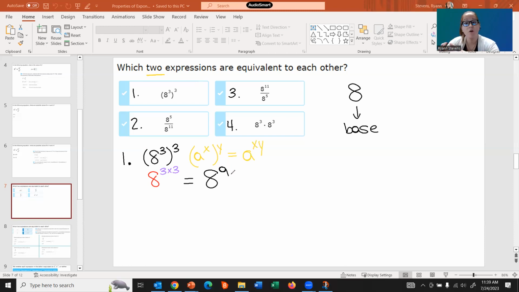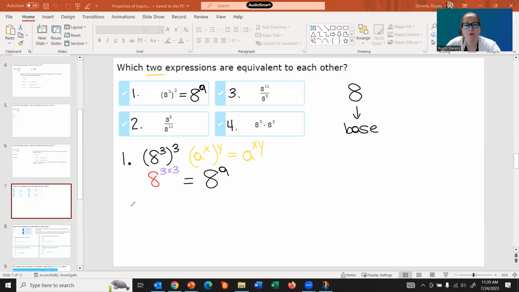Now, we're not going to solve this exponent for a large number, because we want to convert each one of these to where they have the same base and are written with the base and the exponent, and not in the form of having those powers or properties associated with them. So in this case, we're just going to leave it as 8 to the 9th power. And that's the first expression.